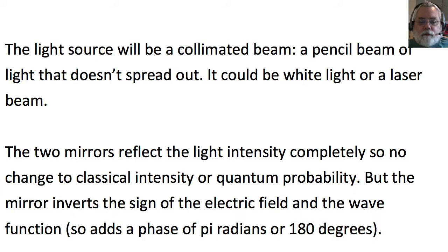The two mirrors reflect the light intensity completely, so there's no change to the classical intensity of light or to the quantum probability in the reflection. But the mirror inverts the sign of the electric field and the sign of the wave function. So it adds a phase of pi radians or 180 degrees.